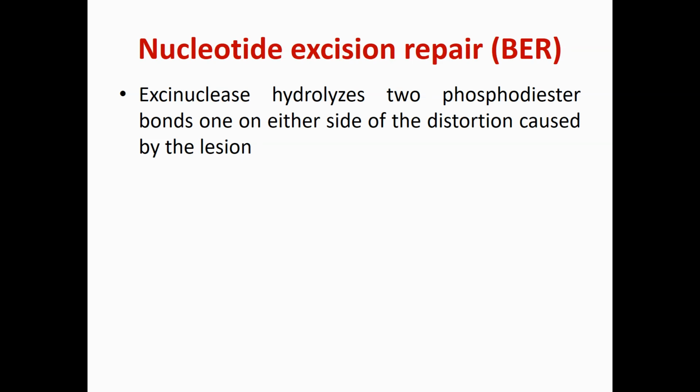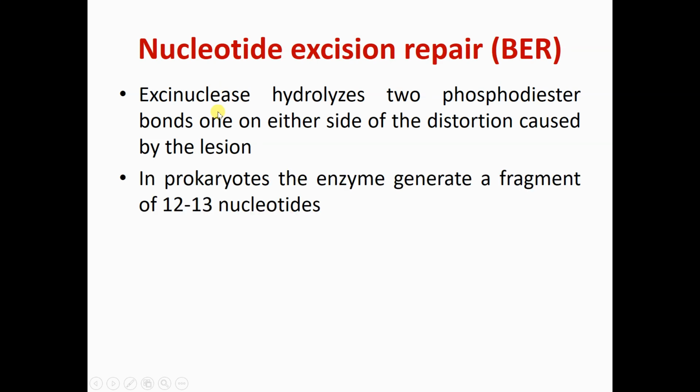So where the actual damaged DNA is, on both sides this DNA can be cut out by the excinuclease enzyme. So a DNA strand which includes the distorted portion of the lesion can be removed.